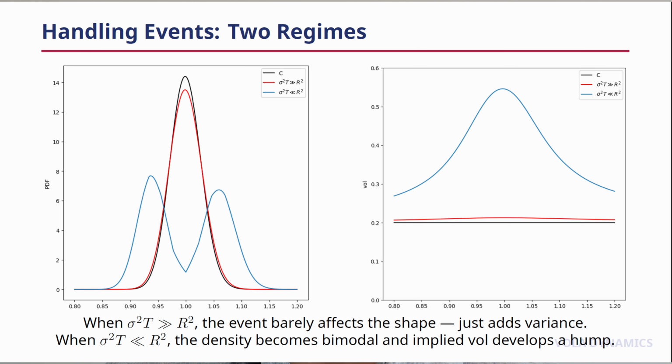So in this case, we choose the clean process to be log normal, so the clean volatility surface is flat, and the resulting dirty distribution has two peaks, and the implied volatility just has a hump in the center. But if the clean process corresponded to a volatility surface that has fat tails, the hump in the middle would still increase, and it would result in the typical W shapes that we see in the volatility curves corresponding to events.